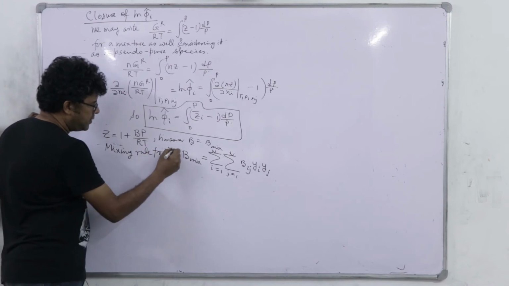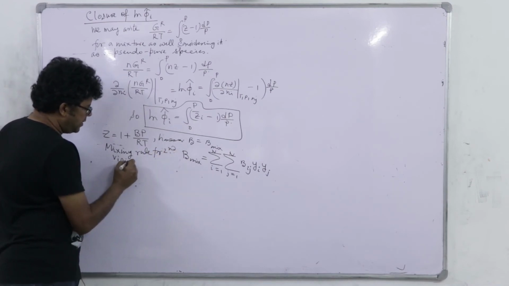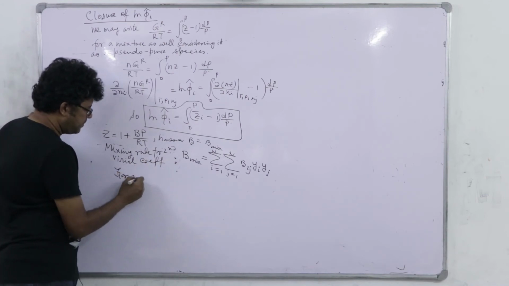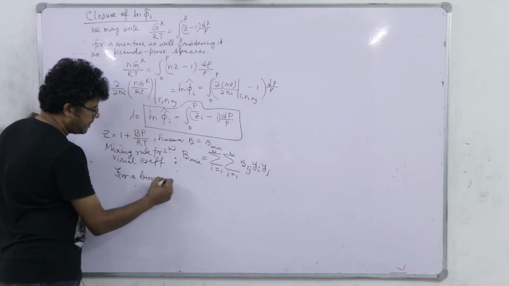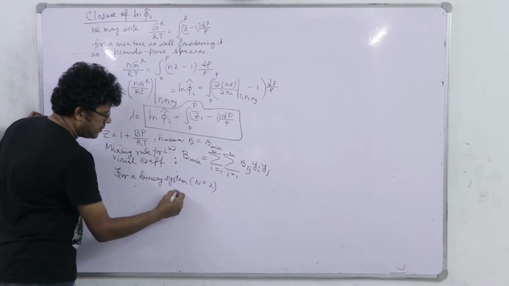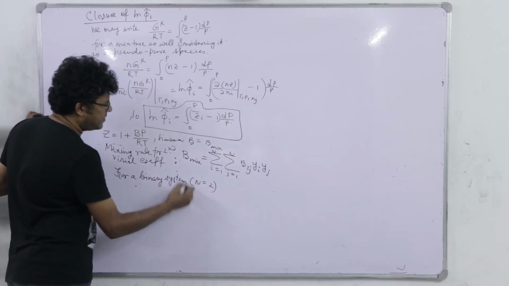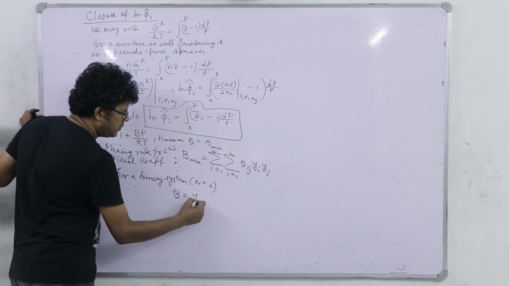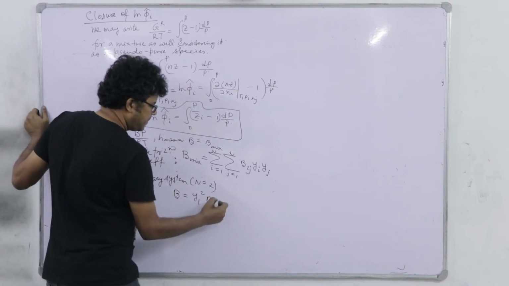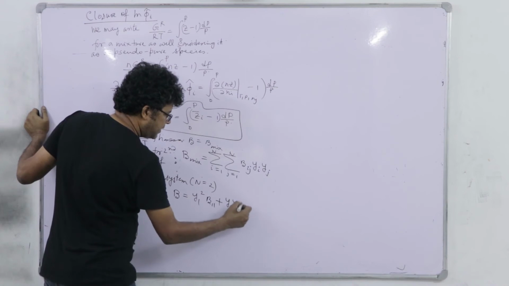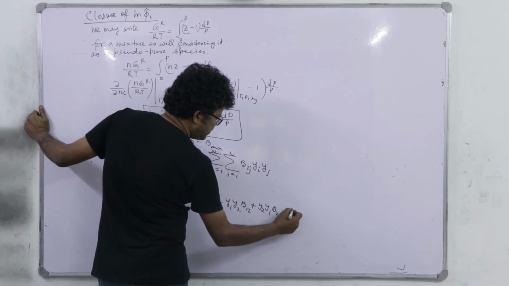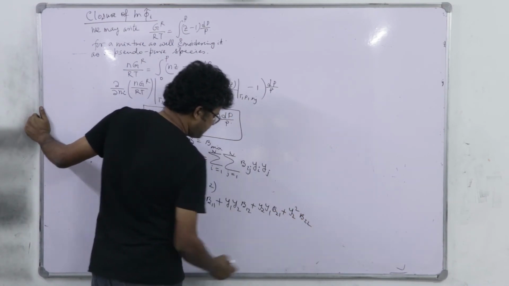Now, for a binary system, B is B mix, so it is y1 square B11, pure species 1's B, plus y1 y2 B12 plus y2 y1 B21 plus y2 square B22.